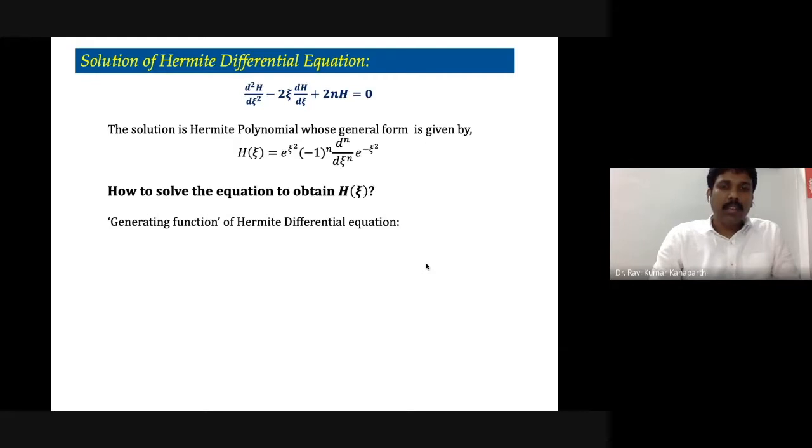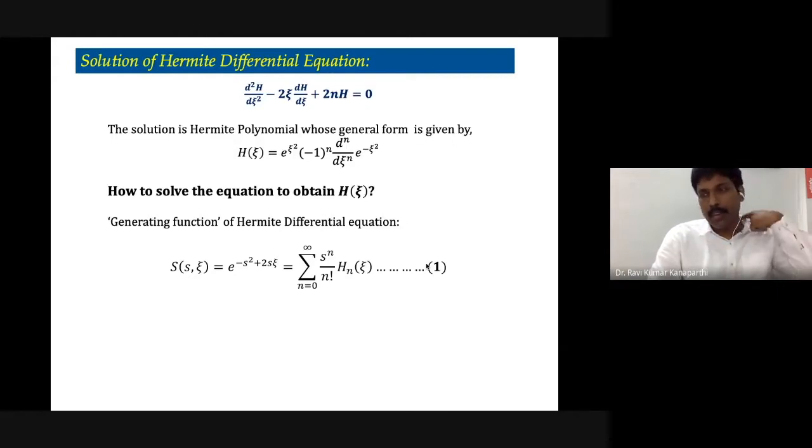A generating function is unique for a particular differential equation. In the case of the Hermite differential equation, it has its own generating function. The generating function is given by capital S of small s comma z, where small s and z are two variables.